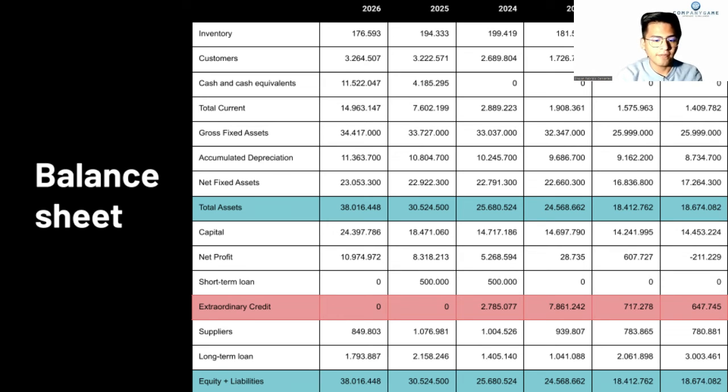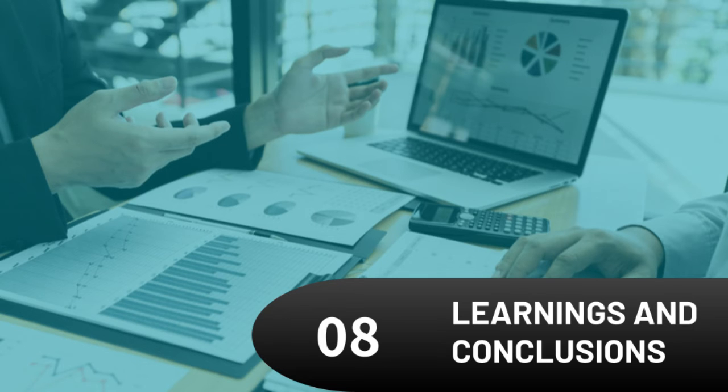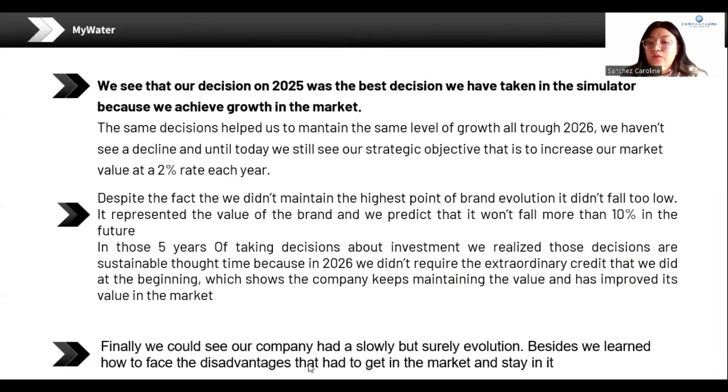In addition, after having the extraordinary credit, a loan was requested to be able to meet the operational needs of the company. It represents the value of the brand, and we predict that it wouldn't fall more than 10% in the future.